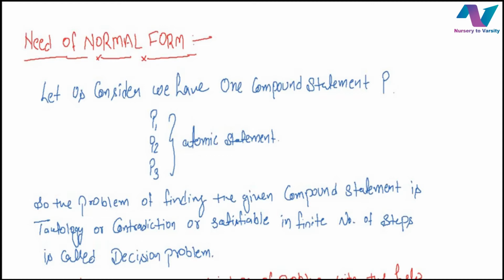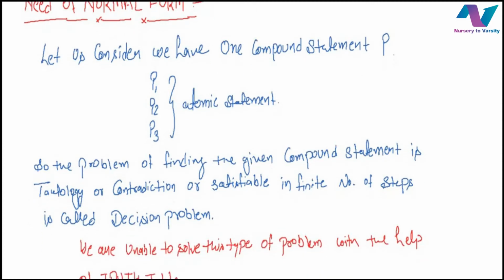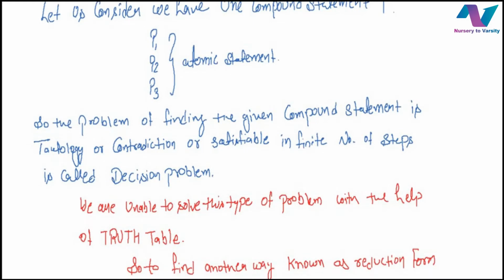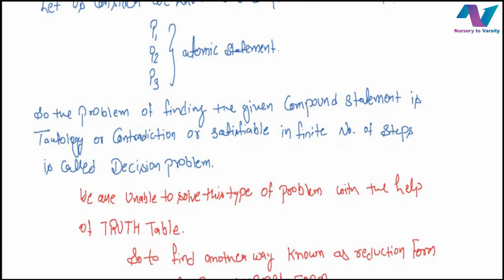The problem of finding whether the given compound statement is a tautology, contradiction or satisfiable in a finite number of steps is called the decision problem. We are not able to solve this problem with the help of a truth table, so we have to look for another way, and that particular way is normal form or reduction form.